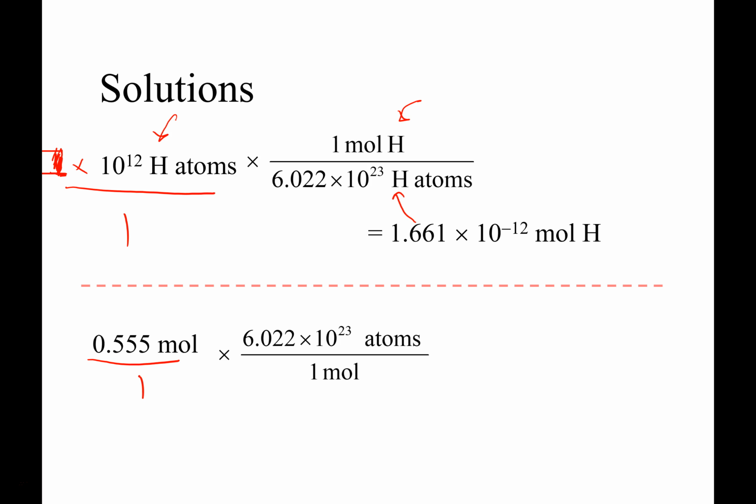Perfect. So moles cancel now. How many sig figs? I'm liking 3. Very good. I said it'd be about a half a mole, and it is. 3.34 times 10 to the 23rd. I'll buy that.